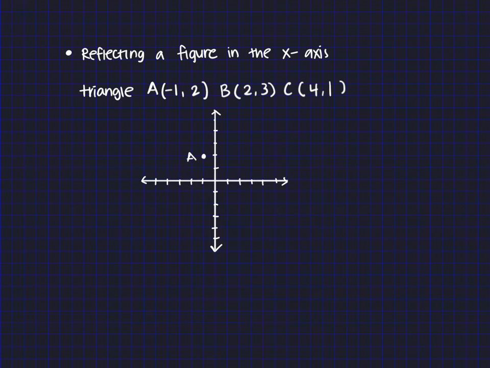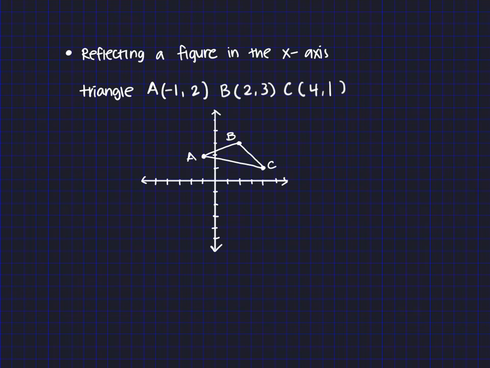For point B, you're going to have (2, 3), so you go 2 right and 3 up. And for vertex C, you're going to have 4 to the right and then 1 up. And you're going to have a triangle ABC once you connect all 3 dots.